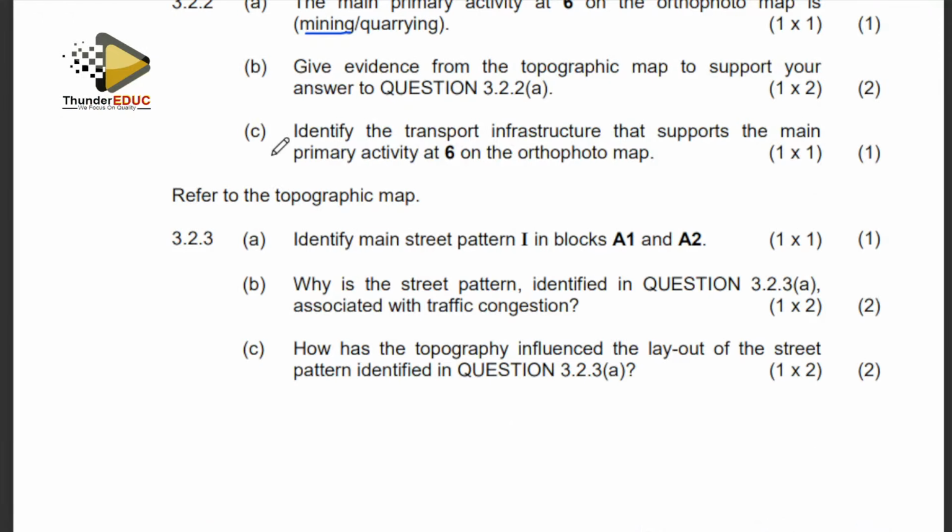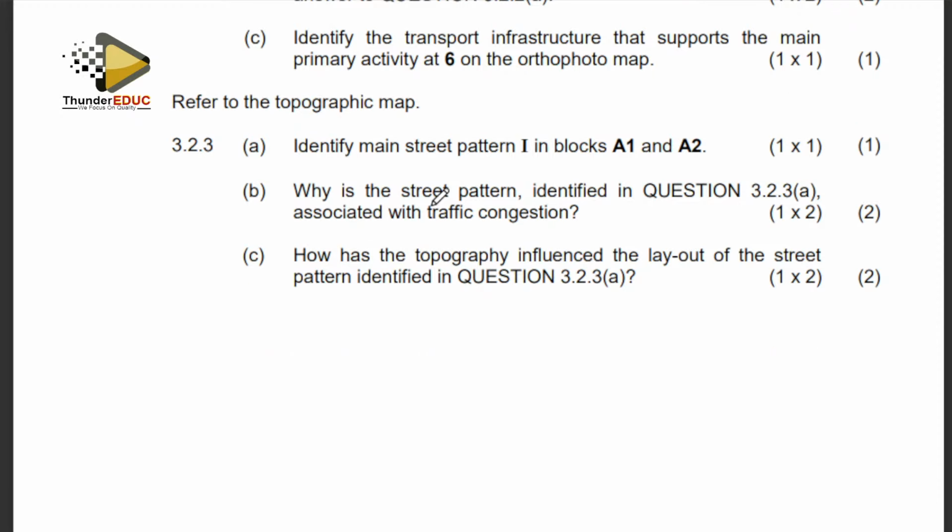Then we move on. We go to question 3. Refer to the topographic map. You see the map that they want us to refer to is a topographic map. So you quickly go to the topographic map and check the area that you are asked to look at, and then you answer those questions clearly as you see them.